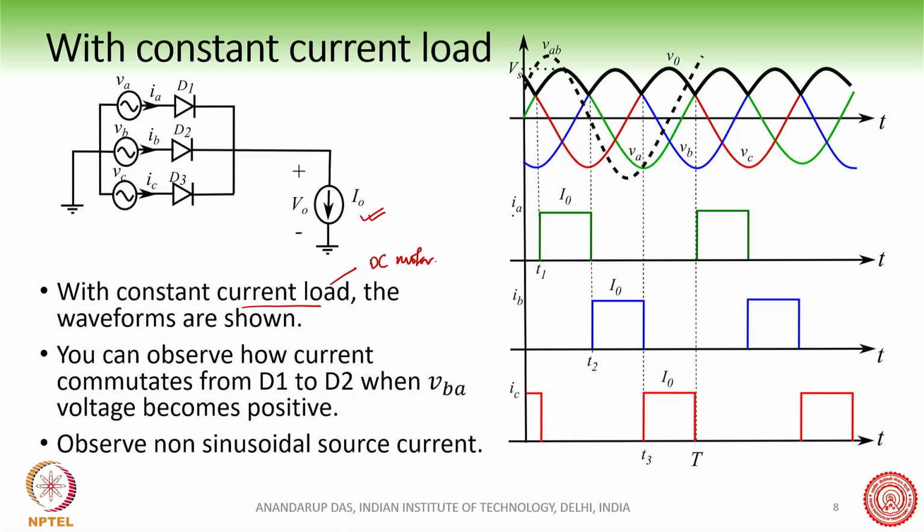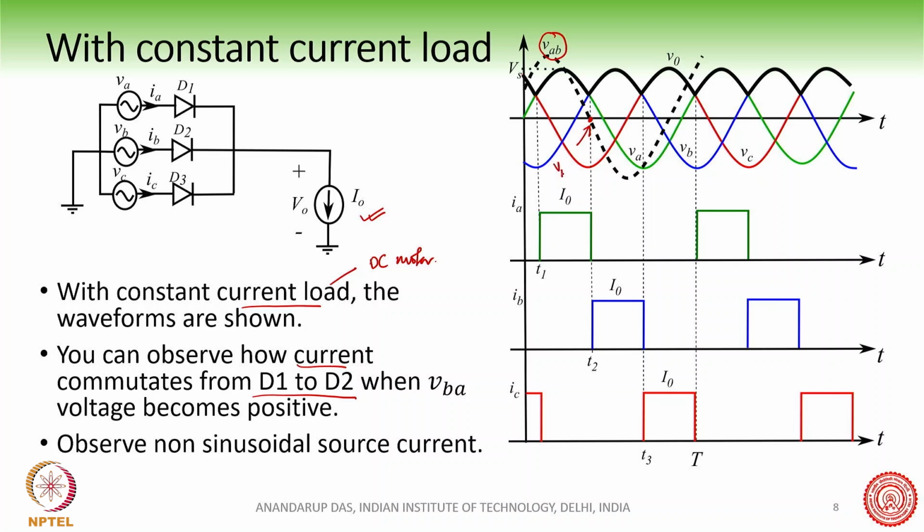Then the waveform is what has been shown here. As I told you, the current commutates from D1 to D2 when VBA is positive. Here we have shown this VAB voltage, and the VAB voltage goes negative here, which means VBA becomes positive.